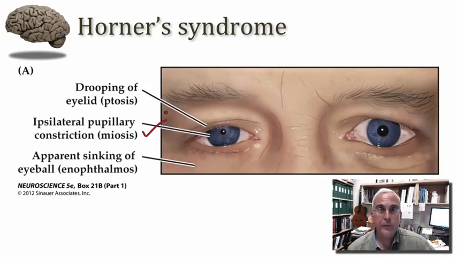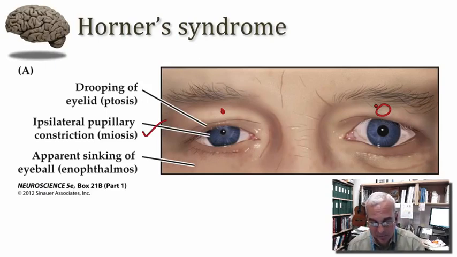What you're looking for when you examine the diameters of the pupils is not so much an absolute size, but an asymmetry. In the case of Horner syndrome, the affected iris has a smaller pupil than the normal iris. It might be somewhat difficult to appreciate what is normal, but I think you can see that the dimension of the pupil is smaller in this patient's right eye compared to the left eye.